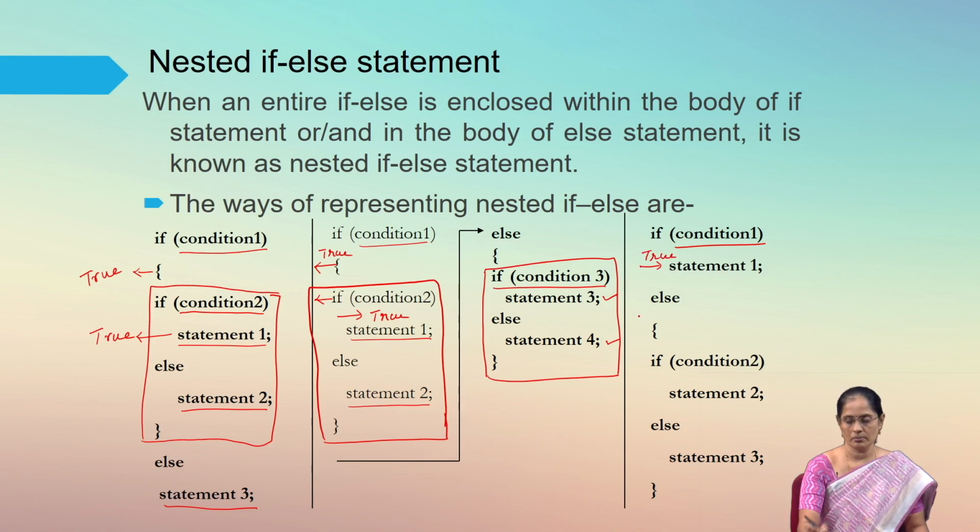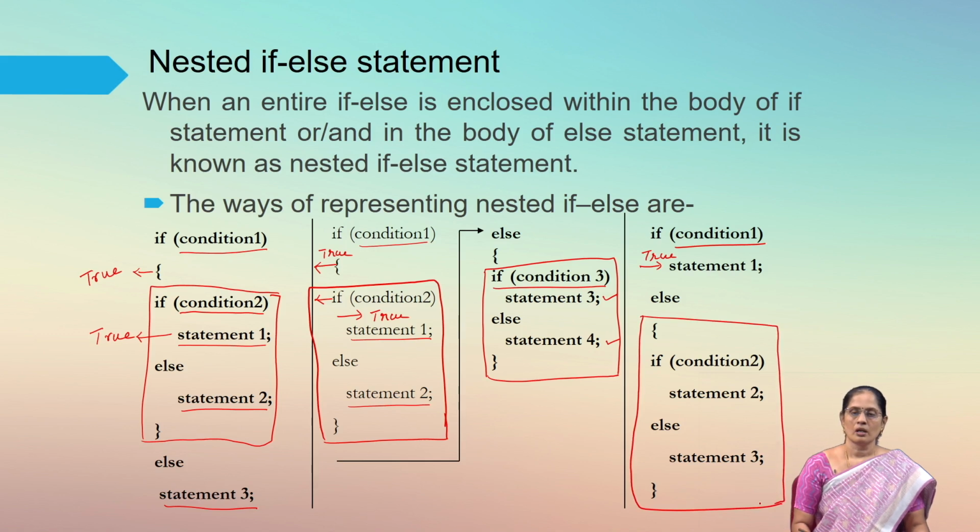If the condition becomes false, we enclose the if else block. If condition 1 fails, we check condition 2. If that is true, we execute statement 2, or else we execute statement 3. So, this is the third way of representing the nested if else statement.